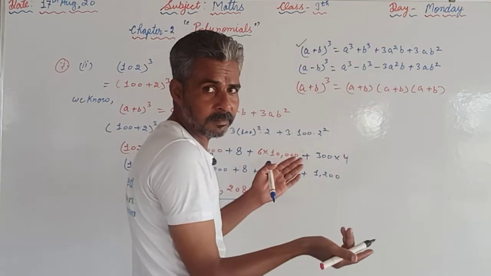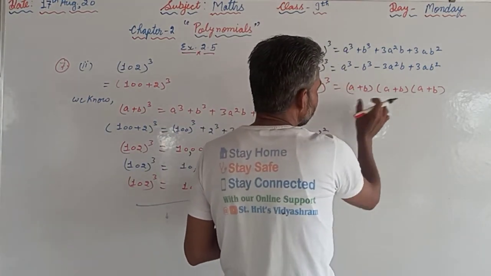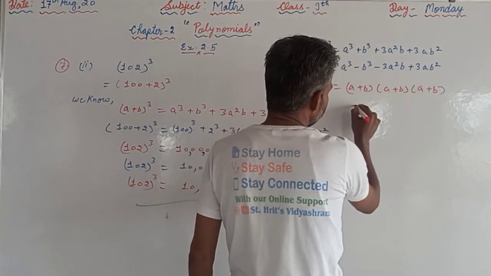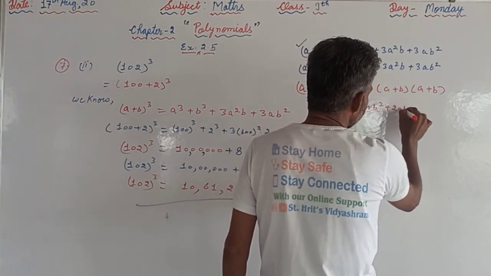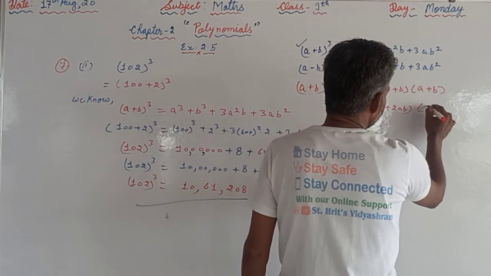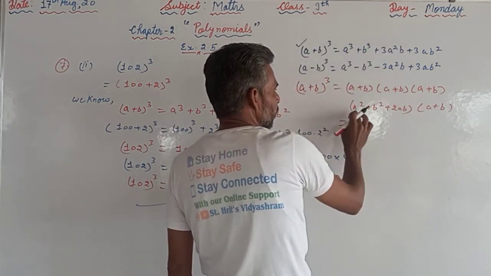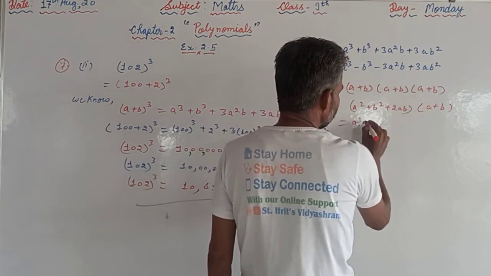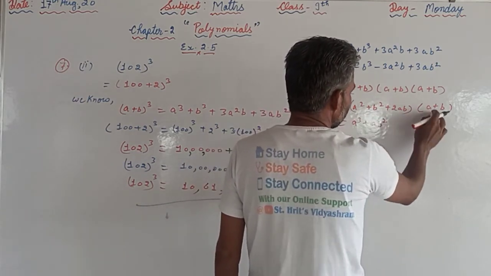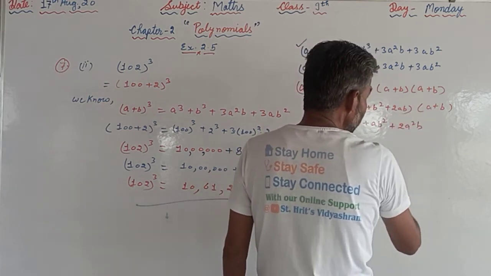Then you can multiply. First of all we can multiply these two brackets. By multiplying these two brackets we will find a square plus b square plus 2ab. Then one more bracket is there, a plus b. First we will multiply with a: a into a square, a cube, a into b square, ab square, a into 2ab, 2a square b.